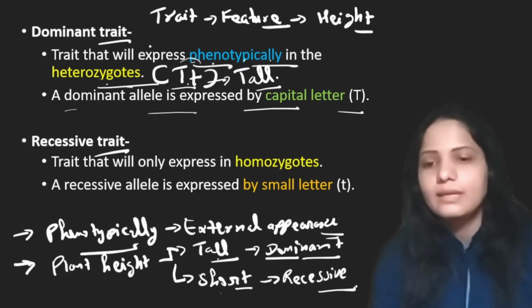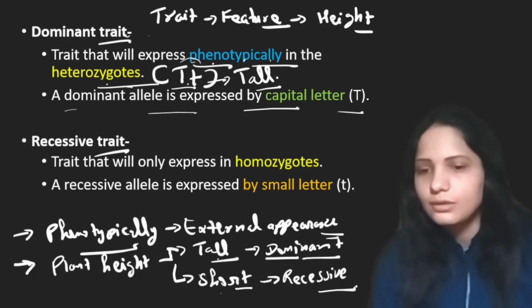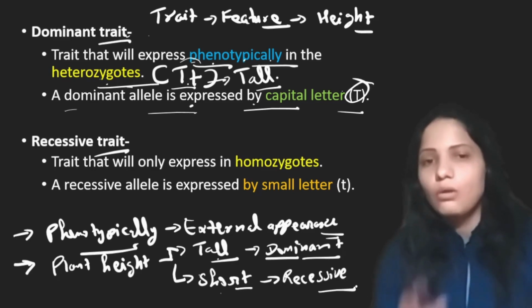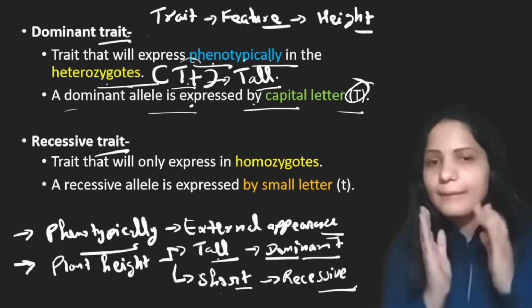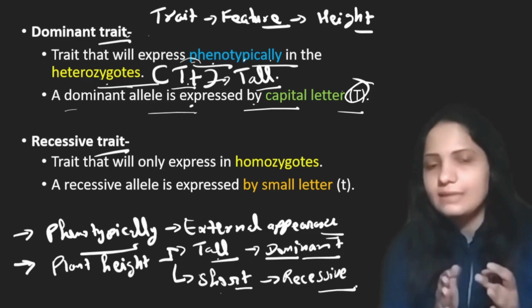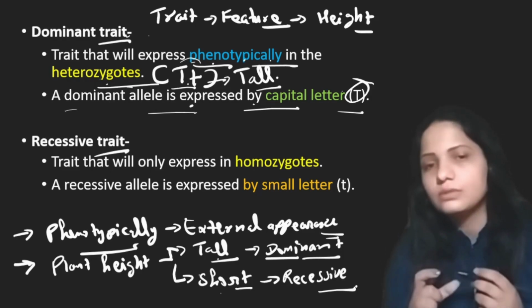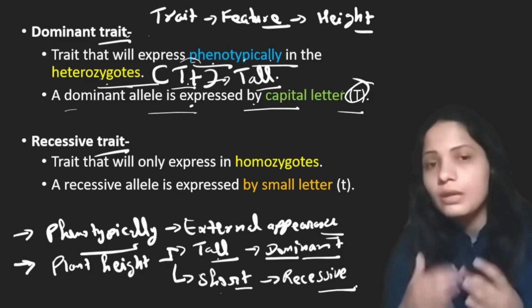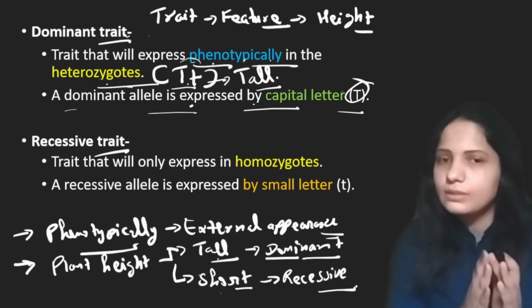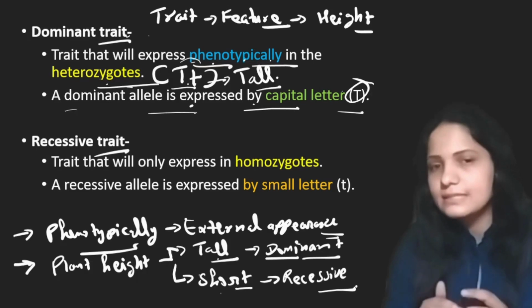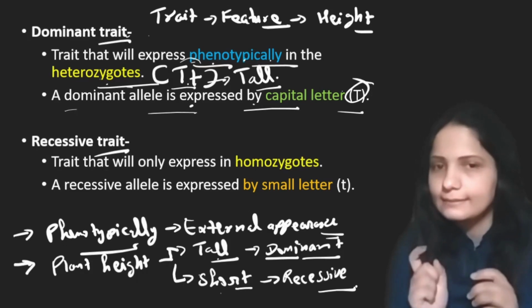So here tall is the dominant trait. Understood? Now, a dominant allele is expressed by capital letter T. Whatever trait we consider, we always write a capital letter for the dominant allele, and a small letter for the recessive allele.